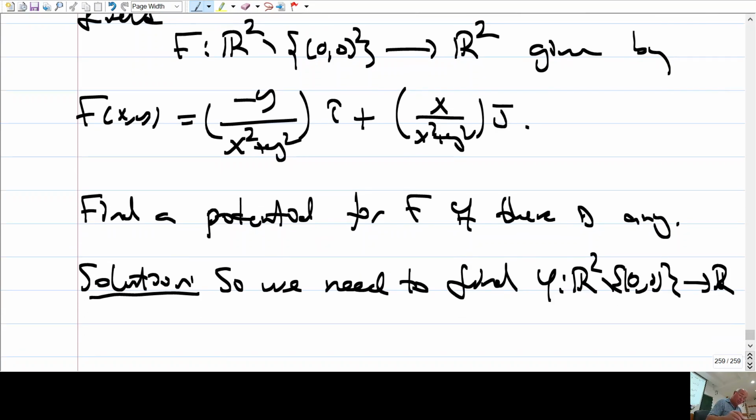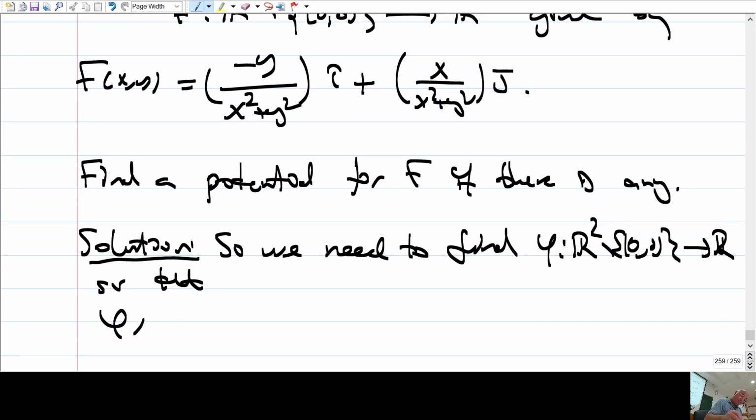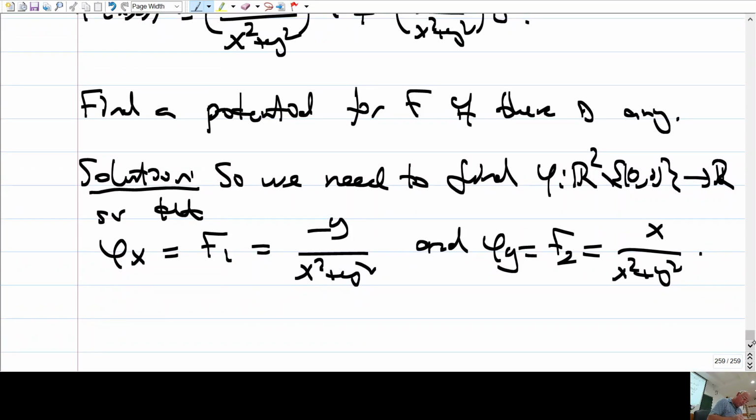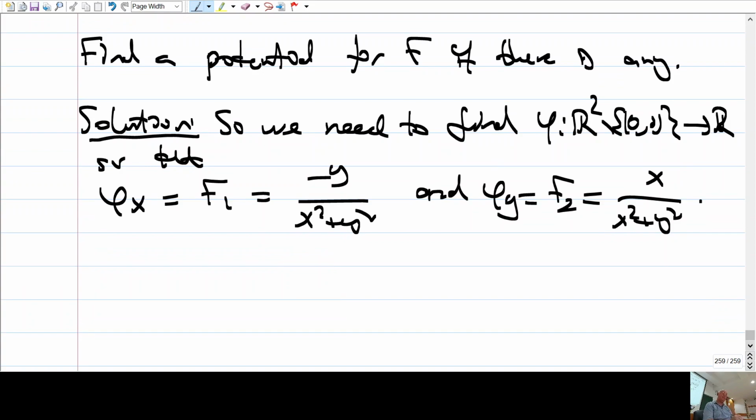It should be a function so that phi sub x is equal to f1, which is minus y over x squared plus y squared, and phi sub y is f2, which is x over x squared plus y squared. Okay, now, so let's see if there is such a function.